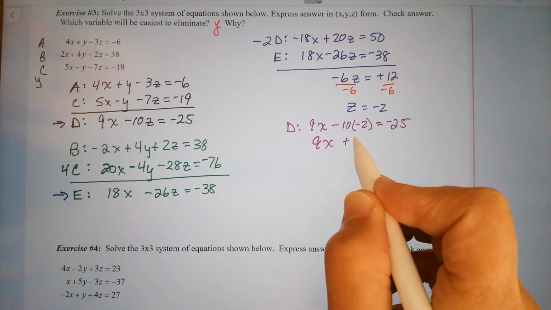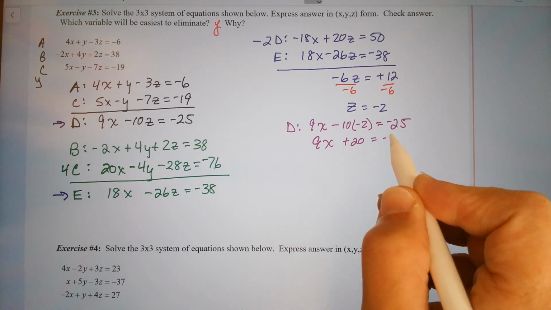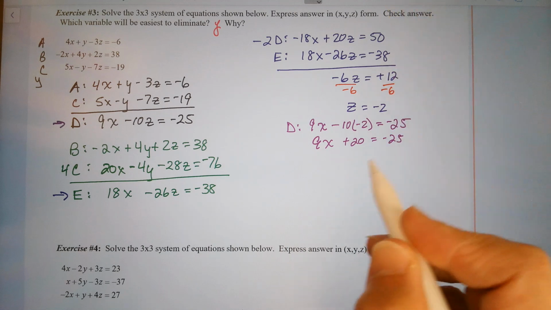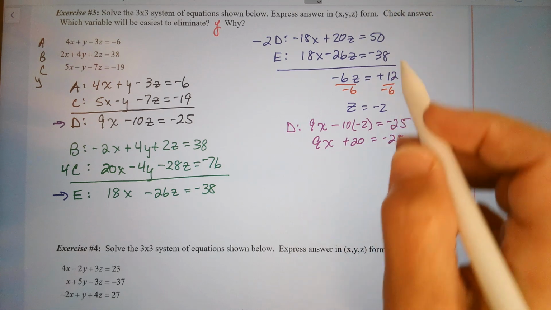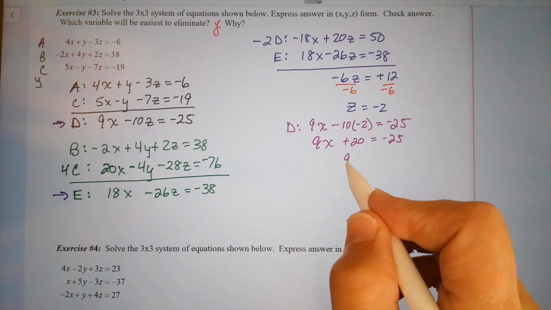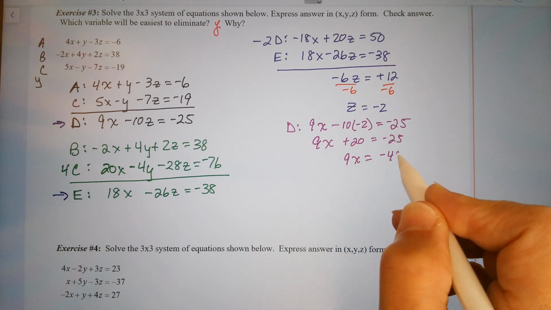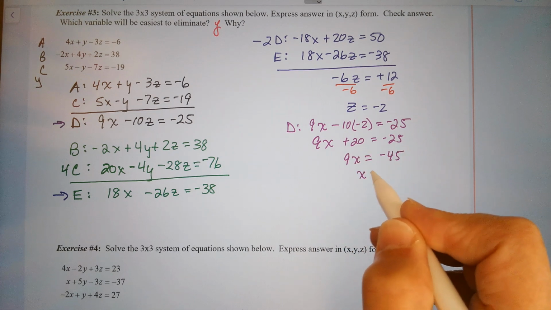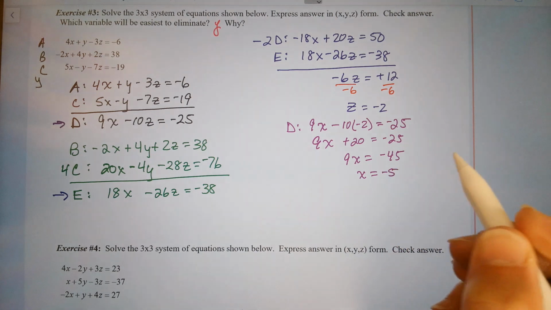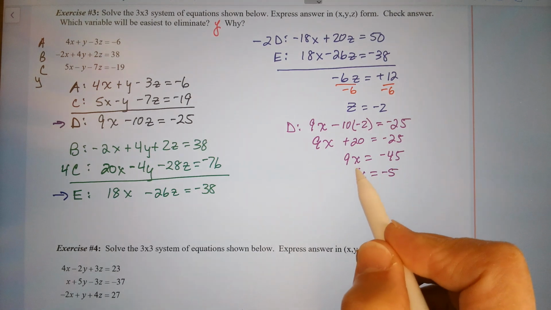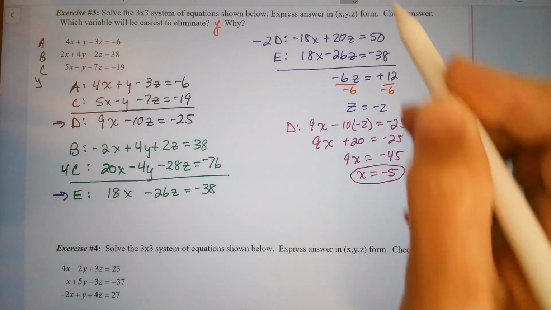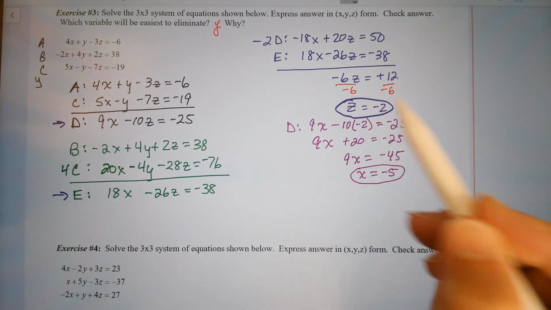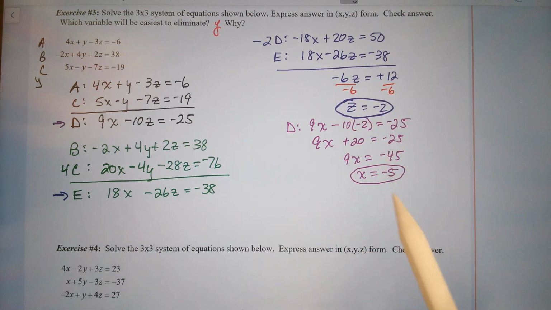That's 9x plus 20 equals negative 25. Subtract 20 from both sides. We get 9x equals negative 45. Divide both sides by 9. X equals negative 5. Okay, so let me just circle that. I'll go back and circle this. Okay, so now we have two variables.